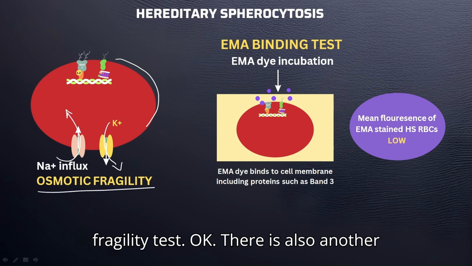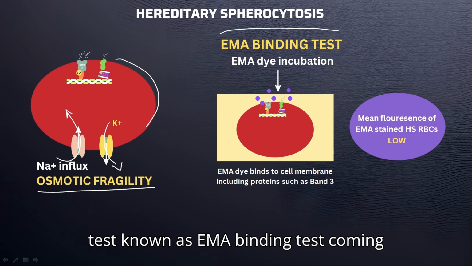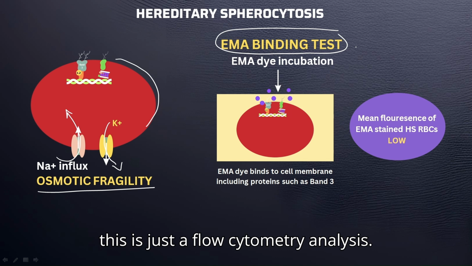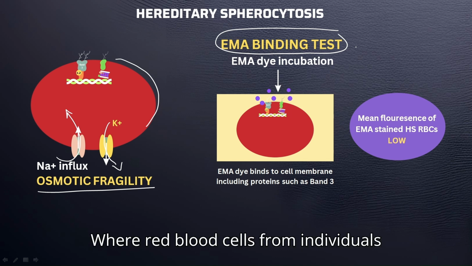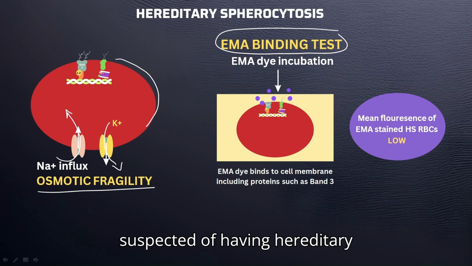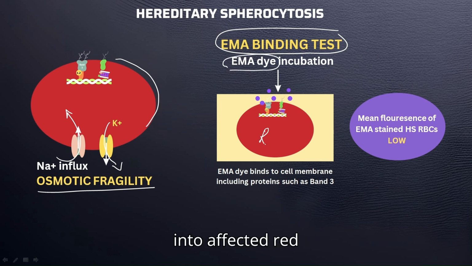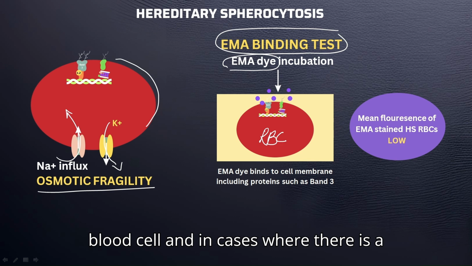Okay, there is also another test known as the EMA binding test, coming from eosin-5-maleimide test. This is just a flow cytometry analysis where red blood cells from individuals suspected of having hereditary spherocytosis are treated with EMA dye. So you put the dye into the affected red blood cell.